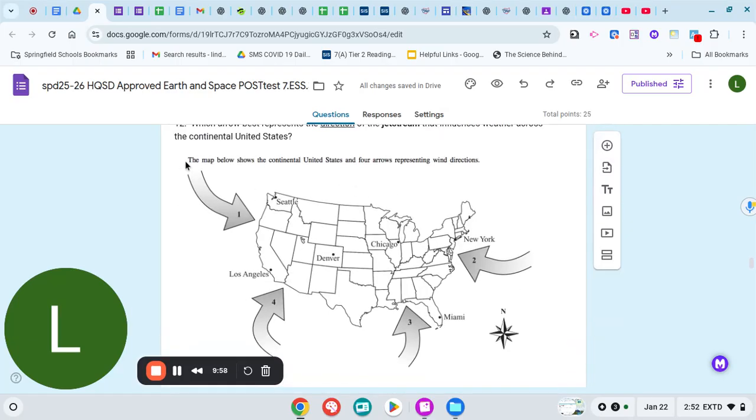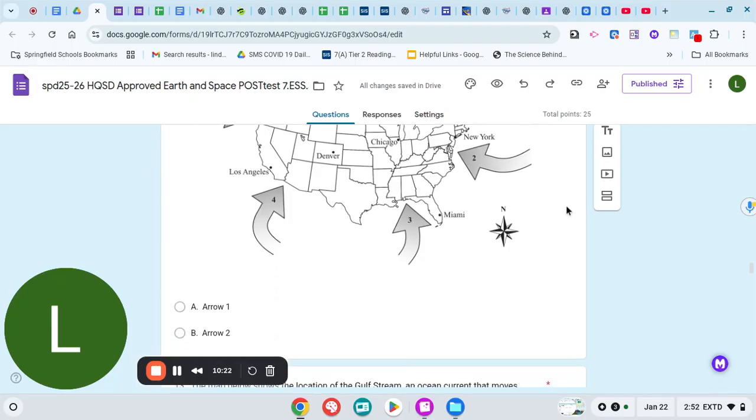So arrow 1, look at my mouse, goes from here that way. Okay, so it looks like it's going from west to east like that. Then number 2 is your other choice. 2, look at my mouse, goes from here to here. So number 2 would be from east to west. Okay, so arrow 1 or arrow 2.